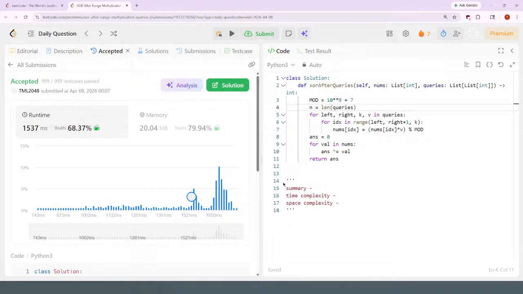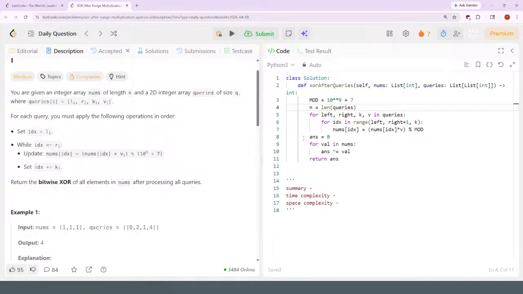Alright, so I'm actually not sure why this is anything different than in the middle of the curve of runtime distributions, because I think this is pretty straightforward in terms of how you tackle this. I can't really see any other obvious implementation of just doing these queries. I can't see why this would be faster or slower than those implementations.